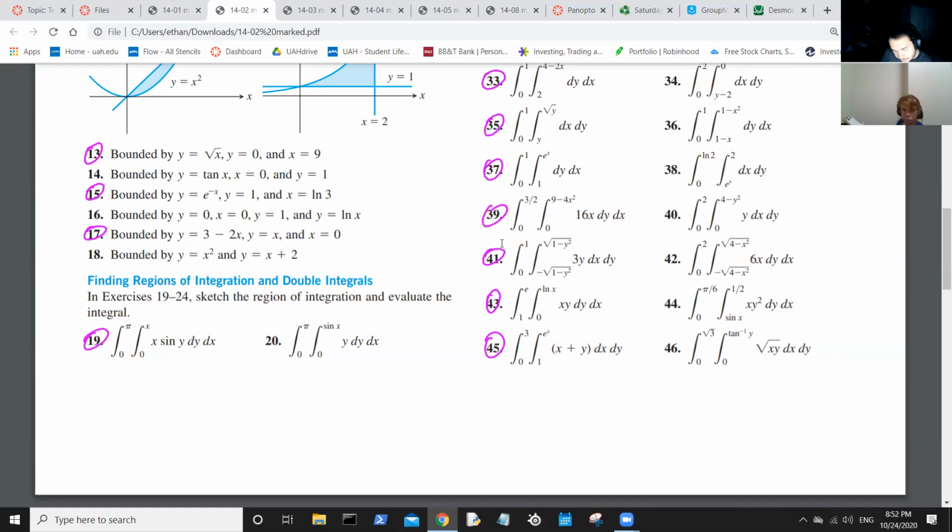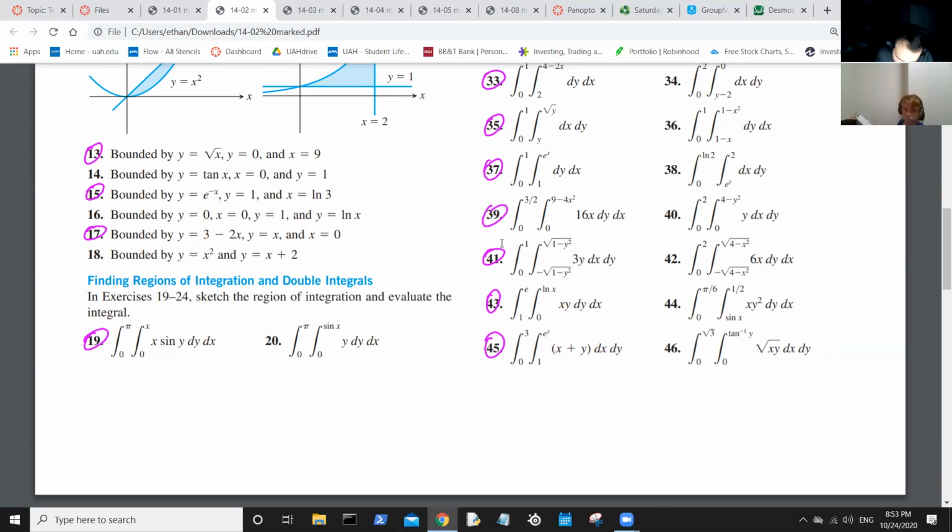And then our bound across the second integral should go from the intersection of negative ln y with ln 3.